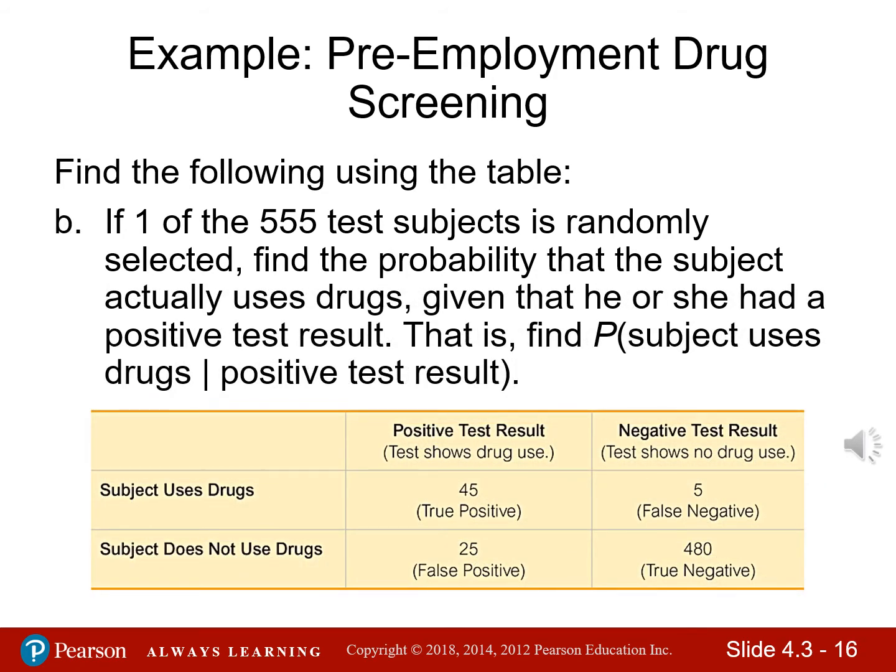Part B: if one of the 555 test subjects is randomly selected, let's find the probability that the subject actually uses drugs, given that he or she had a positive test result. That is, we will find the probability that the subject uses drugs, given positive test results.